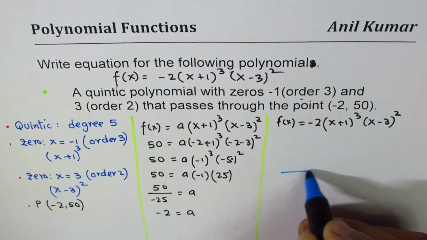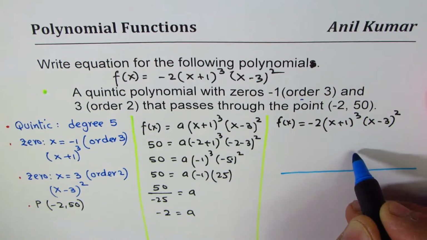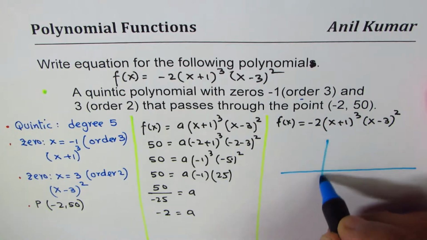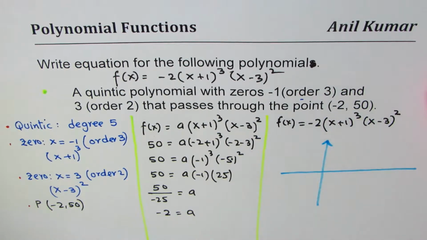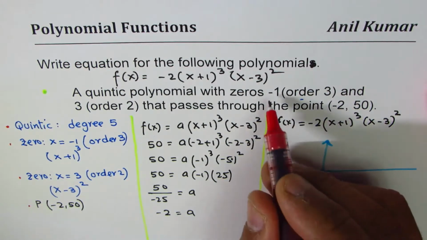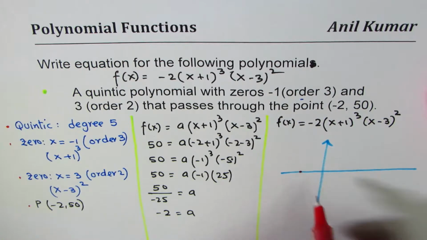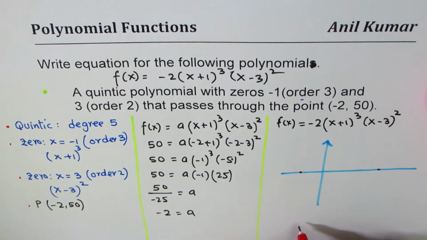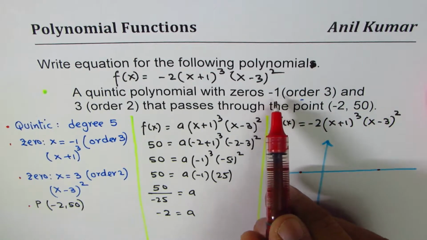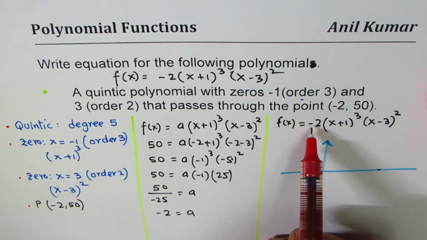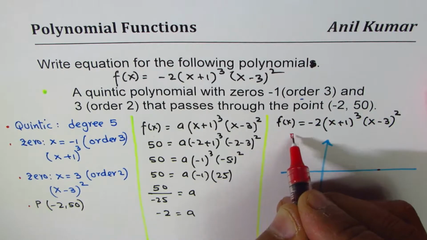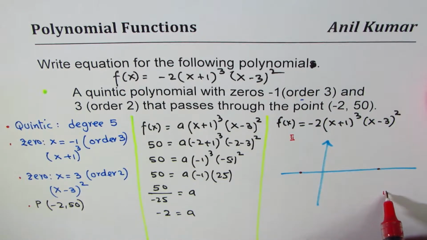Now let's try to understand how to sketch this polynomial. I'll sketch it here, and then we'll discuss a few characteristics. So we have zeros at -1 and 3, so I'll just draw the y-axis right there. So let's say this is the zero at -1, and then we have a zero at 3. Now when we see the leading coefficient is negative, it will start from quadrant 2 and end in quadrant 4.